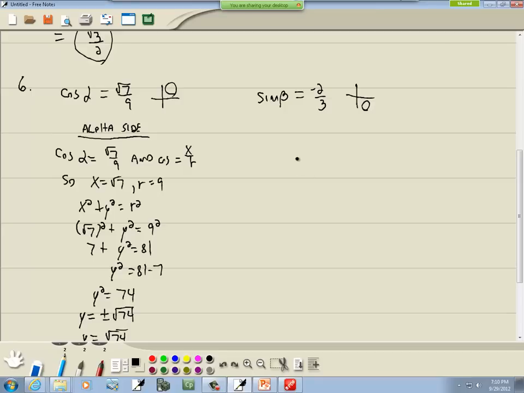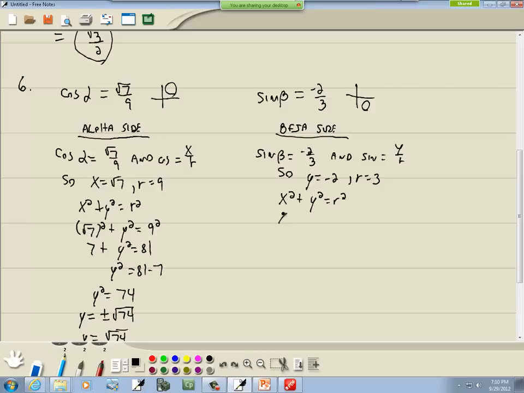Well, we want to do the same thing with the beta. Okay, so they tell us that sine beta is equal to negative 2/3. And sine is equal to y over r. So y is going to equal negative 2, and r is equal to 3. So we've got x squared plus y squared is equal to r squared.